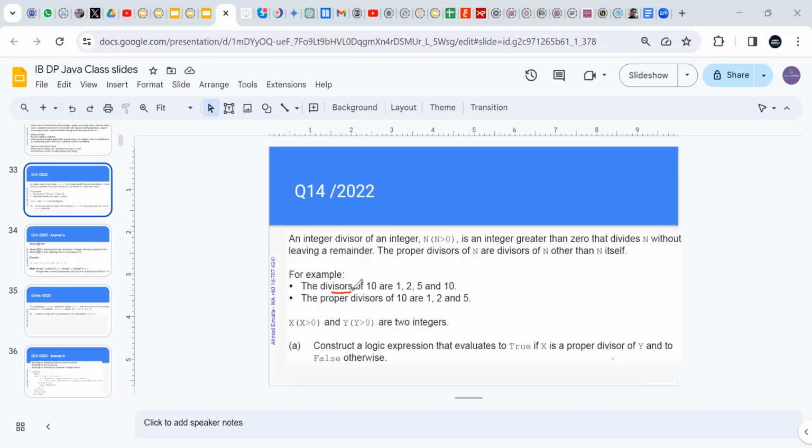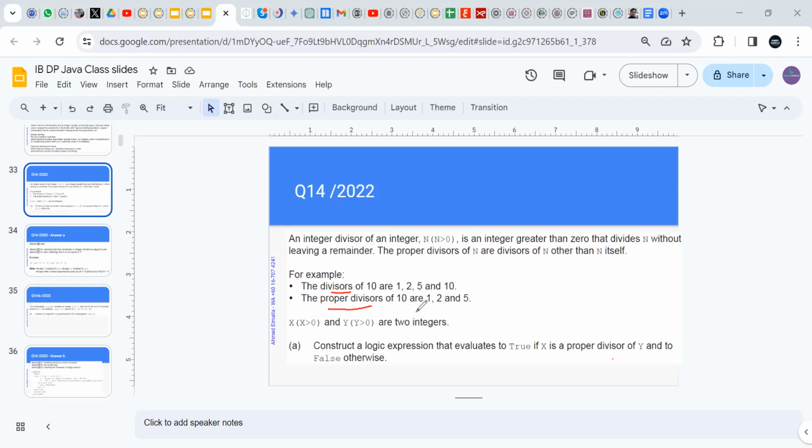He defined here the divisor of 10 as 1, 2, 5, and 10, and a proper divisor of 10 as 1, 2, and 5. That is all the numbers that can divide 10 without giving any decimal points as a result, but not including the number itself.